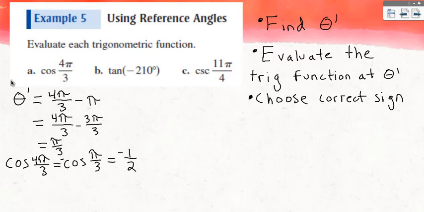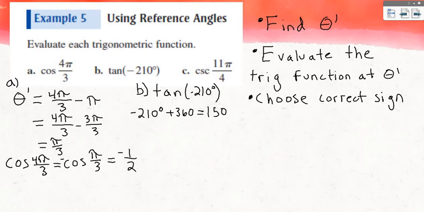So that was part A. So now let's look at part B. This time, again, they give me a negative angle, which is okay. I'm going to go ahead and start by finding the positive coterminal angle, because to me that just makes the most sense. So I'm going to take negative 210 degrees, and we need to add 360, which gives us 150 degrees.